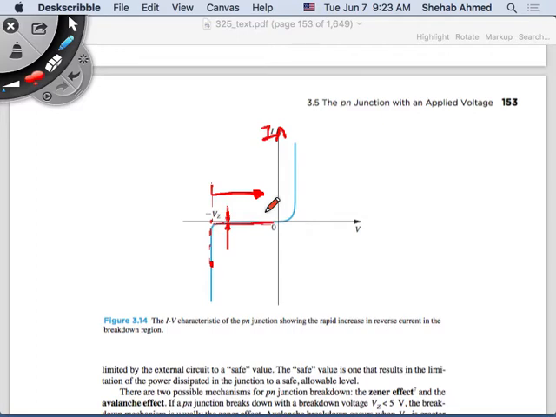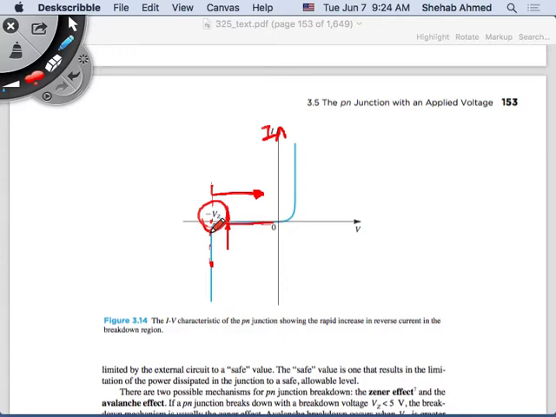At some value of reverse voltage called Vz, the diode current will start increasing considerably and exponentially, right? So at some value, it makes sense at that point.